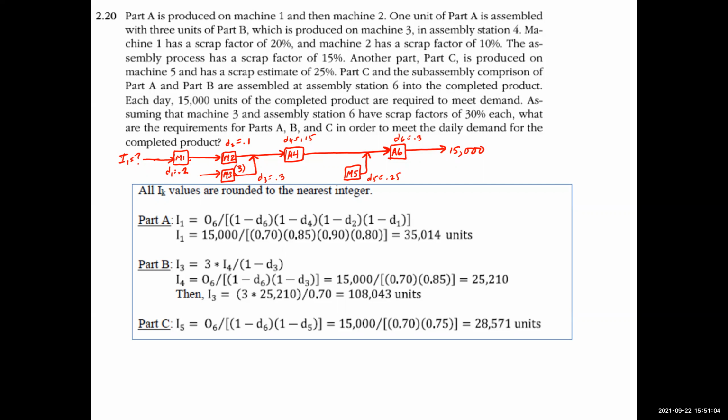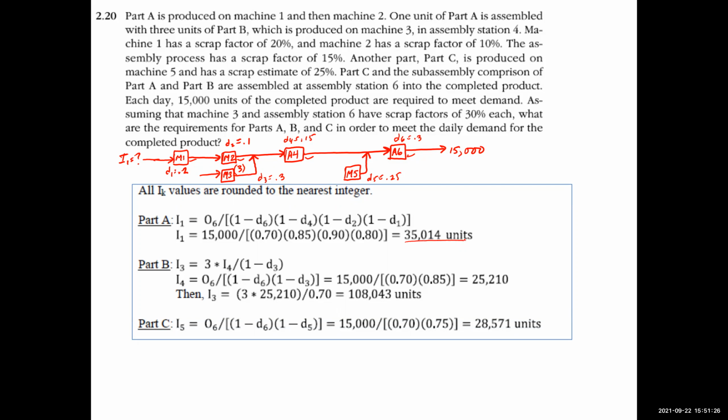So that includes M1, M2, A4, and A6. So it's O6 divided by 1 minus D6 times 1 minus D4 times 1 minus D2 times 1 minus D1. Total after rounding is 35,000.